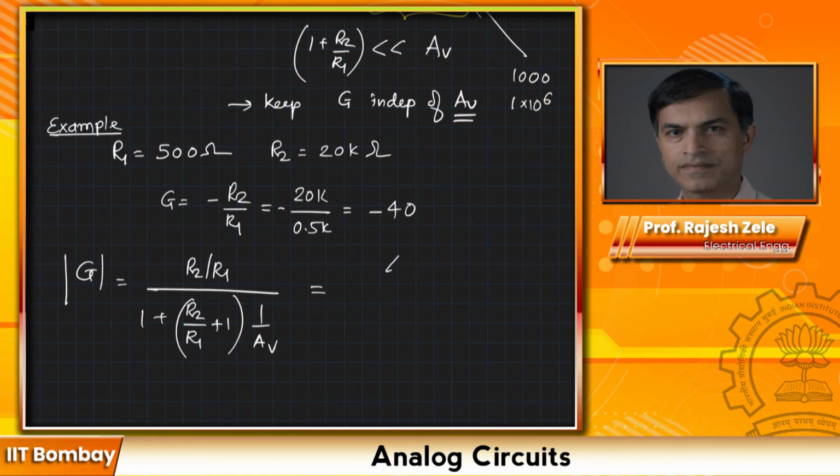So here you can say R2 divided by R1 is 40, divided by 1 plus 41 divided by Av. So if we substitute for Av, let's say we substitute 1000 and we substitute 10 to the power 6. I would take a pause here, use your calculator and tell me what the value of effective gain is. You can also pause the video and write the expression and then start the video.